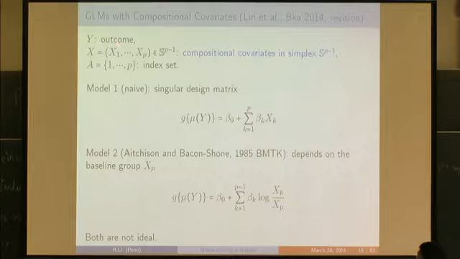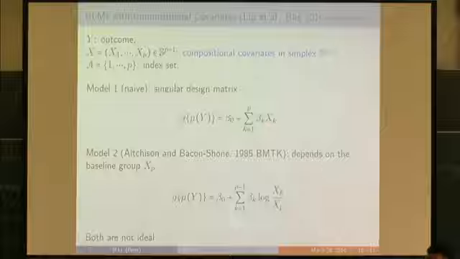And how to do this? Naively, you can say, okay, I'm going to fit a standard linear model, taking a linear combination of the P components of the composition. This is not ideal. First of all, the design matrix is a singular matrix because for each individual, the sum of the X is 1. Secondly, what is the interpretation of beta K?